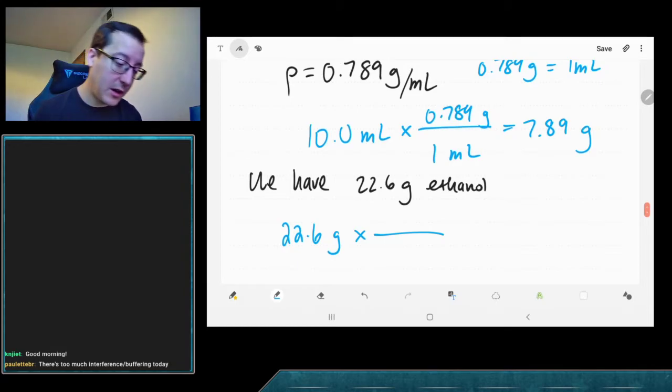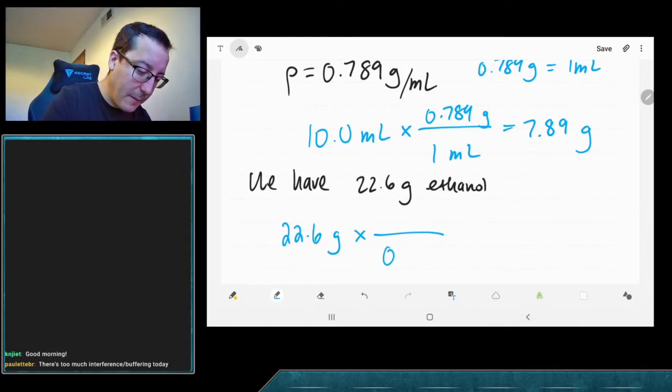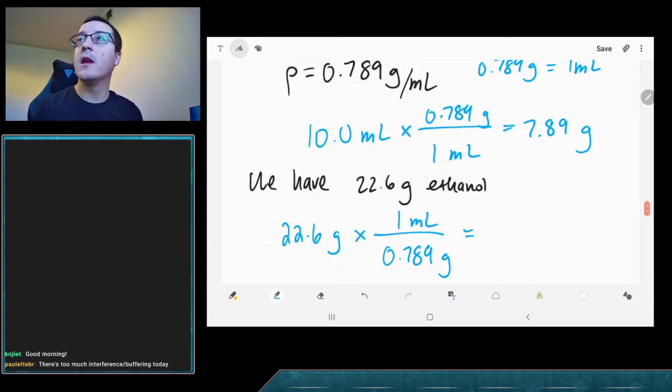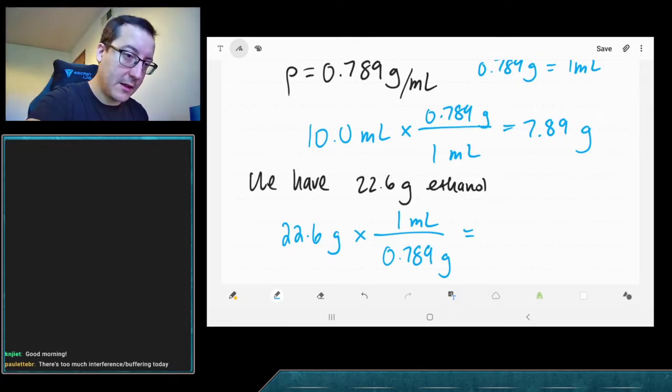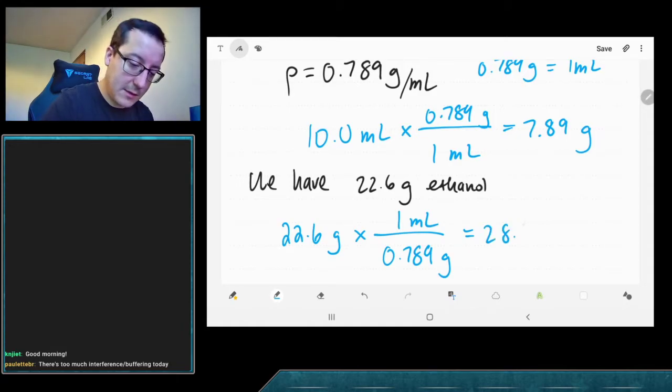If we look here, we can say, okay, grams has to go on the bottom. mLs has to go on top. And let me see here. Let's do the math. 22.6 divided by 0.789 will give us 28.6 mLs.